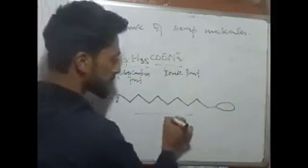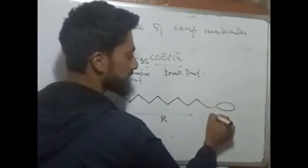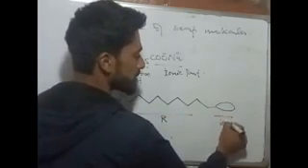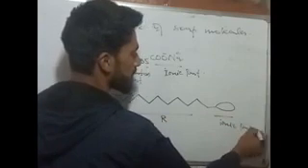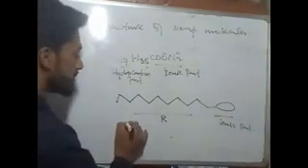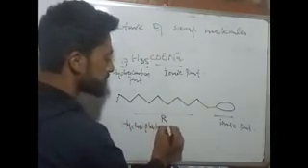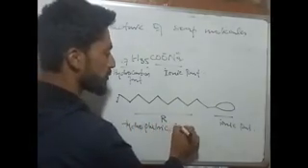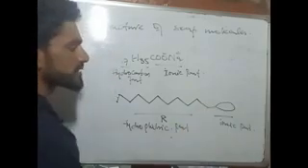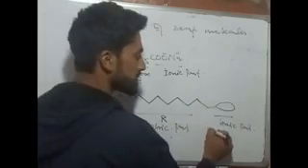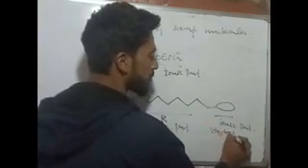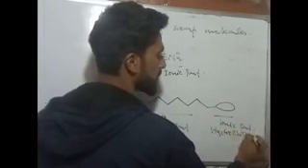It has two ends: one is the alkyl part and the other is the ionic part. This alkyl part is known as the hydrophobic part, while this ionic part is known as the hydrophilic part.